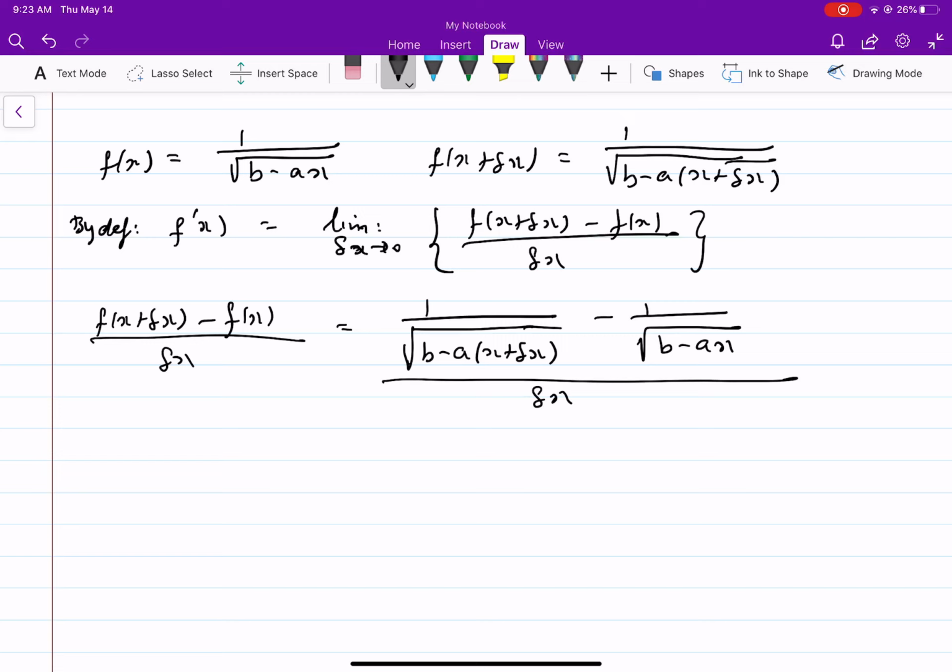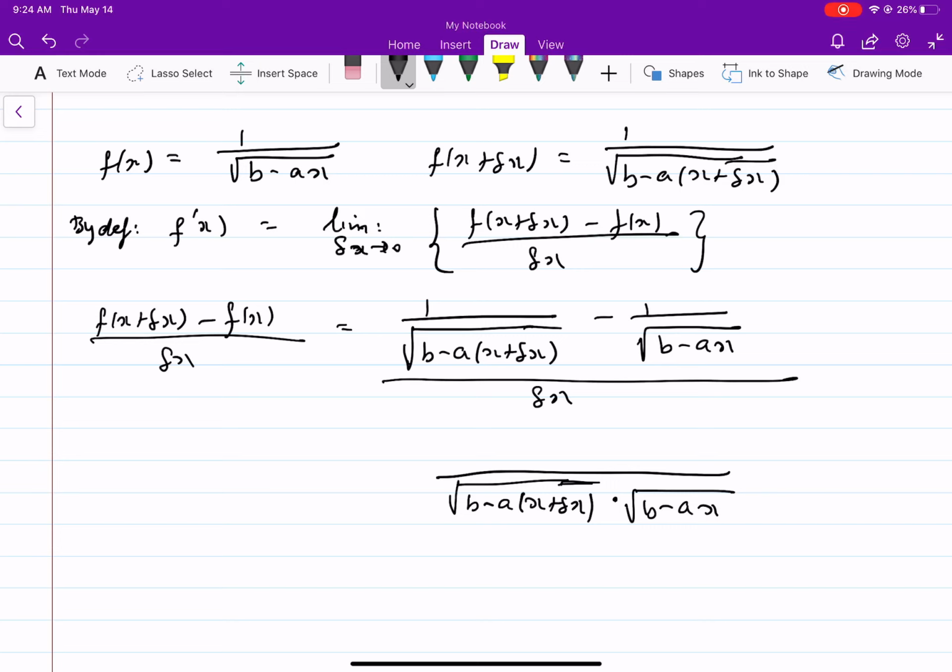If I convert the numerator into a single fraction, its LCM will be the root of b minus a into x plus delta x times the root of b minus ax.